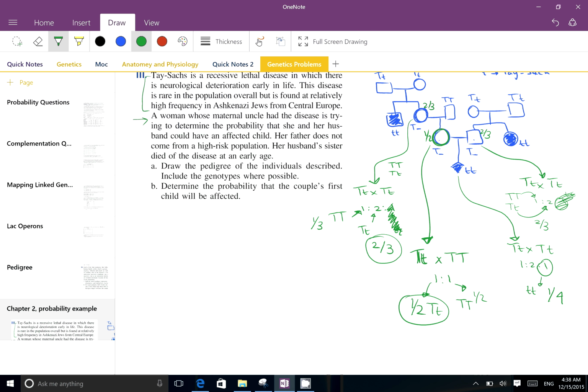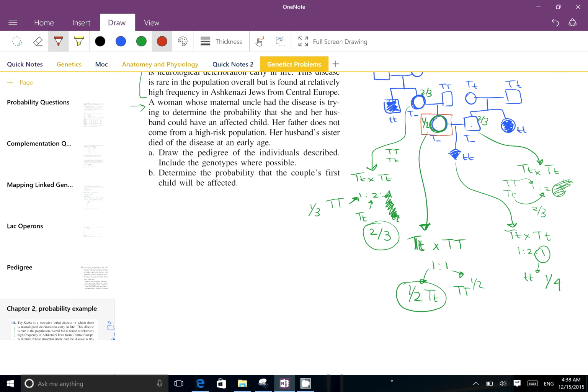So the answer would be, let me get a different color, the probability for this mother to be a carrier is 2/3, times 1/2 for the daughter, multiplied by the husband's probability, which is 2/3, multiplied by their child's probability, which is 1/4.